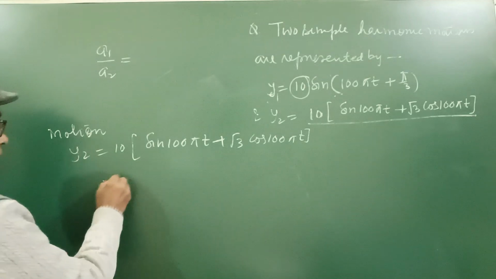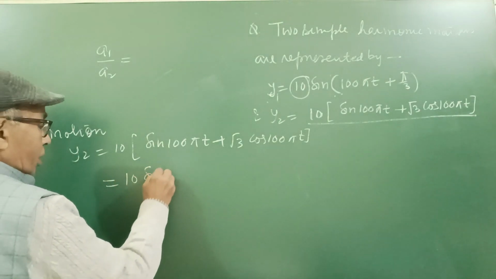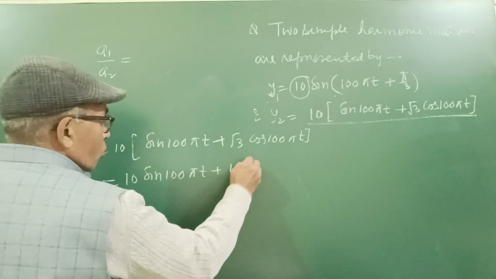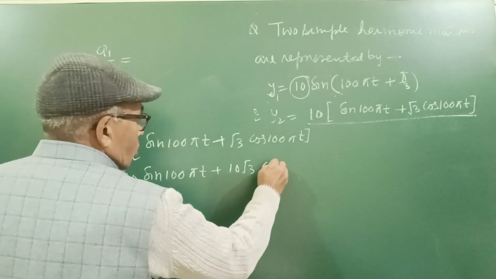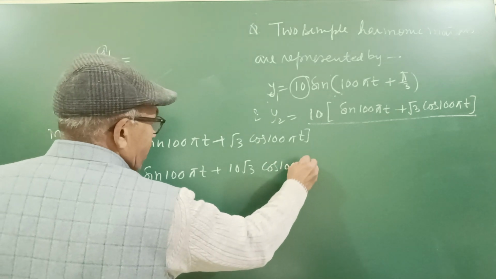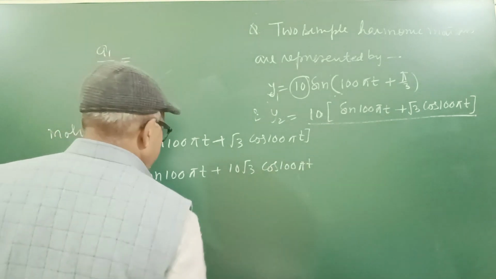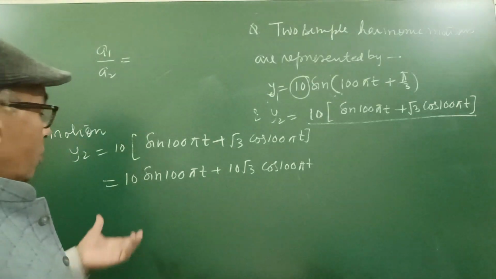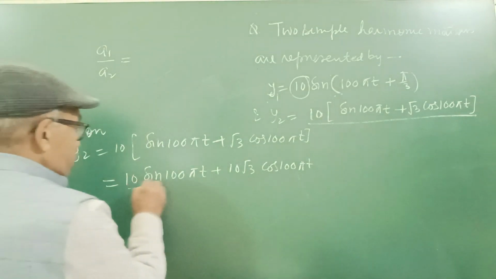We can write it as 10 sin 100 pi t plus 10 root 3 cos 100 pi t. So y2 is the vector sum of two motions.